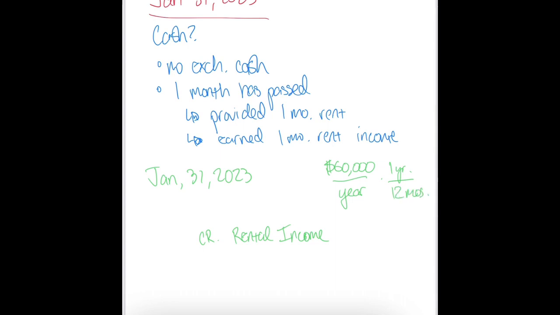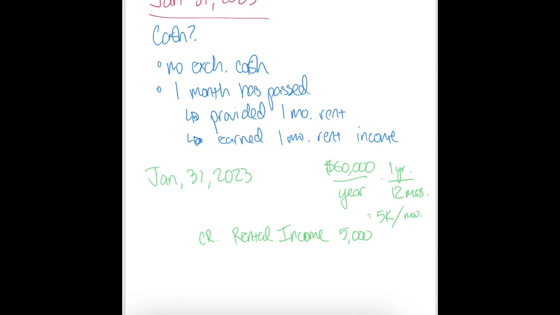So $60,000 divided by 12 months, that means it's going to be $5,000 per month, right? So every month that goes by, I've earned essentially $5,000 of rent. So in this case, 1 month has passed by, so I would have earned $5,000 in income.